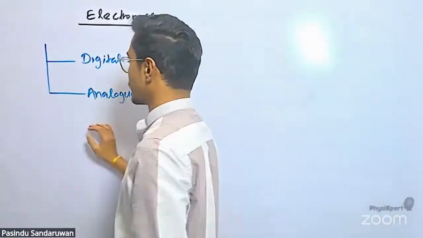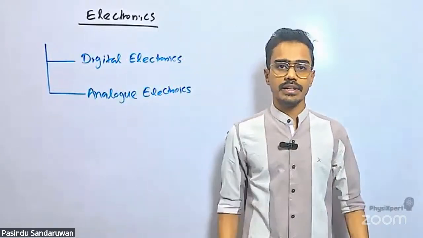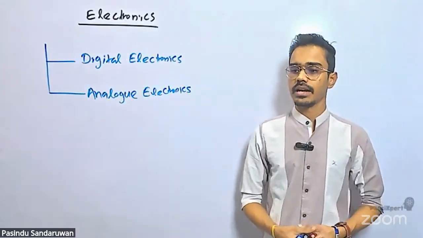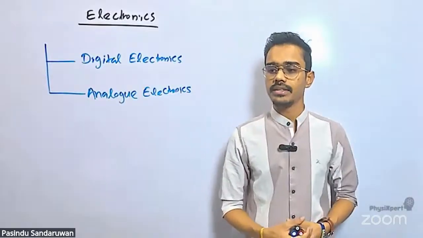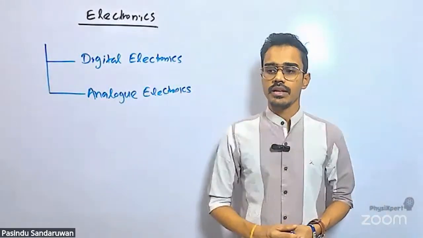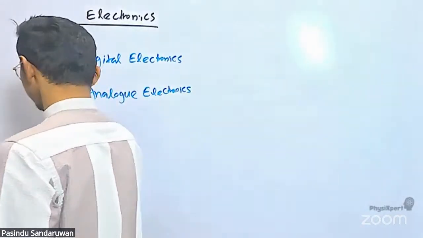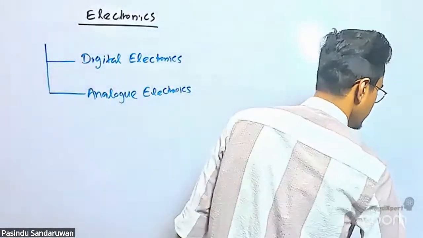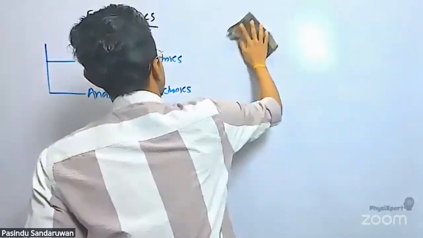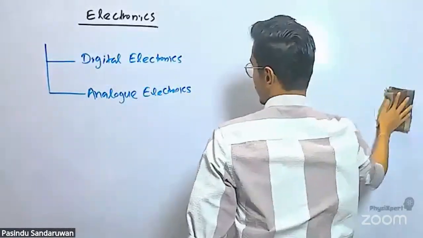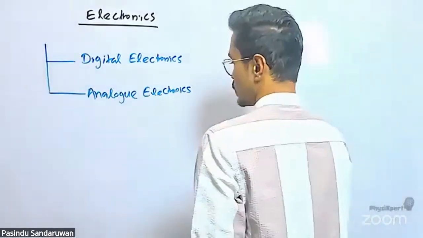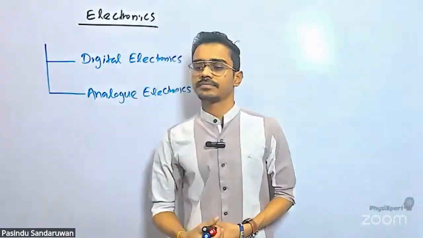First, write down the first point. Electronics can be divided into two main categories.